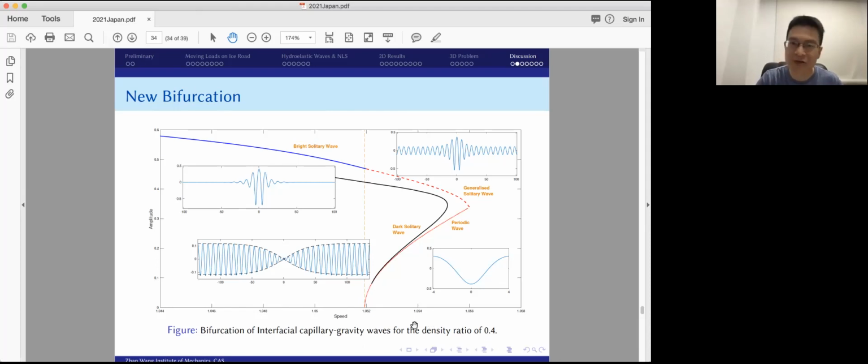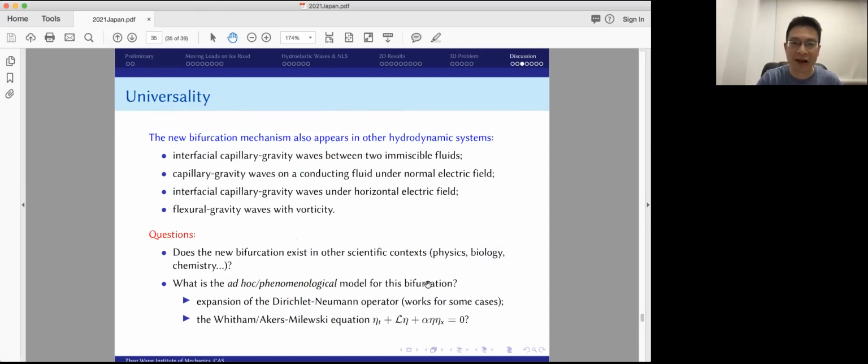So I found these structures. I can compute all of this, the global bifurcations. And I also found this bifurcation structure in many other fluid systems. For example, the capillary gravity waves of a conducting fluid under a normal electric field, or interfacial waves under a horizontal electric field, or with constant vorticity.